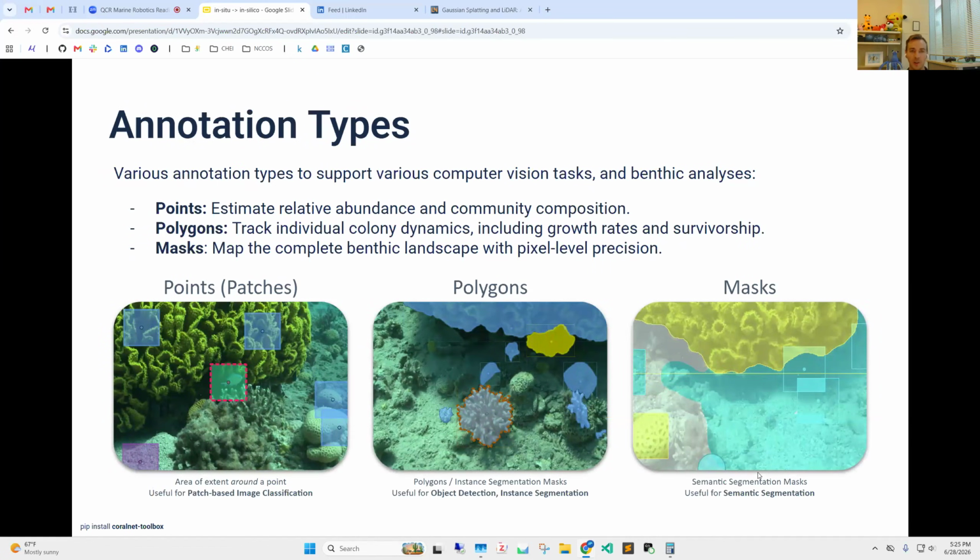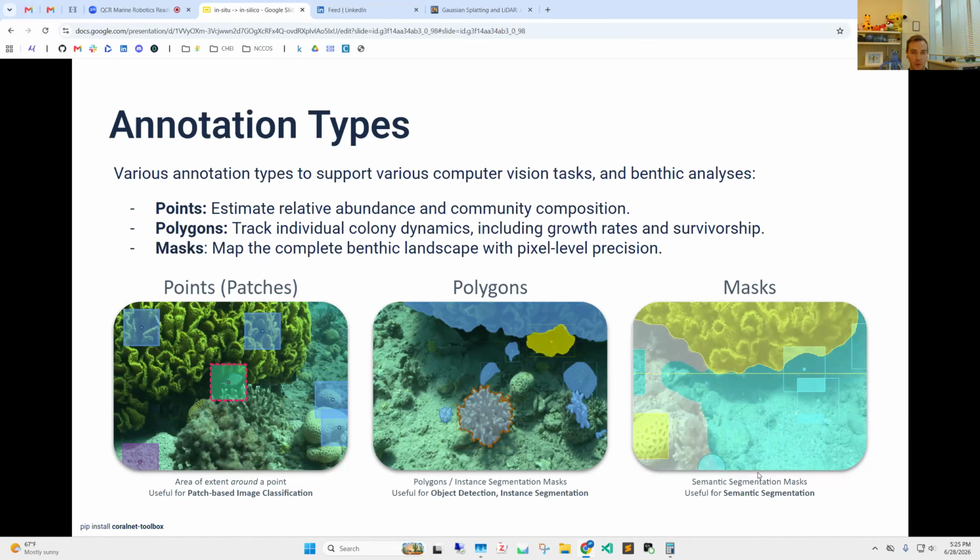So we talked about why points as a form of annotation. Well, they're one annotation format that can easily be used to calculate relative abundance. They became the de facto because they're easy to annotate. But again, there are other types of annotations that can be used to answer different types of questions.